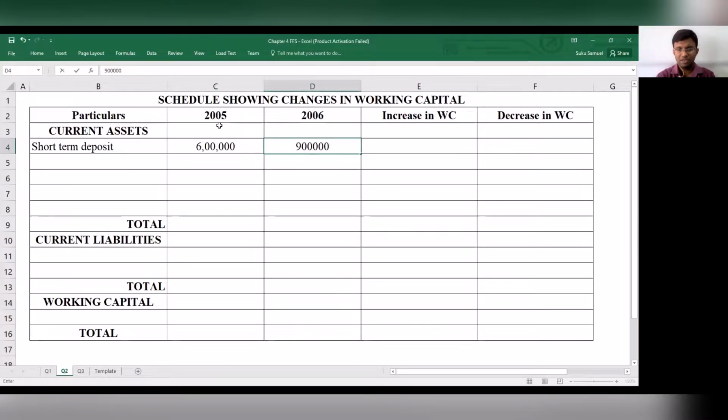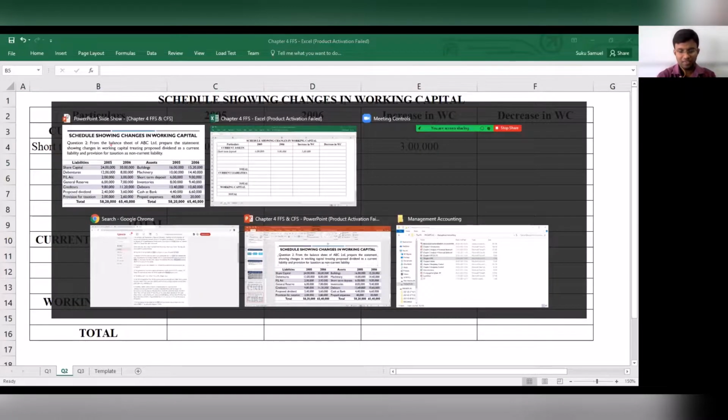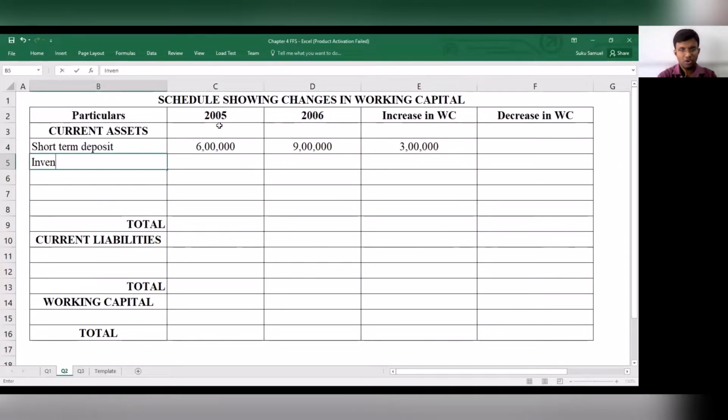Then for 2006, we have 9 lakh. Let's look at how it impacts: your working capital has increased. Next item is inventory. Inventory is nothing but your stores. Inventory is 8 lakh, and here it is 9,40,000. Then we have debtors.